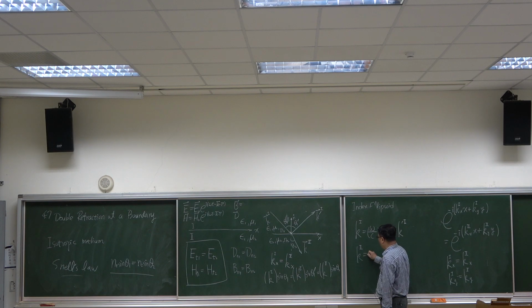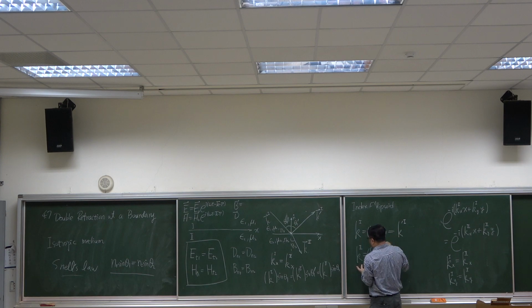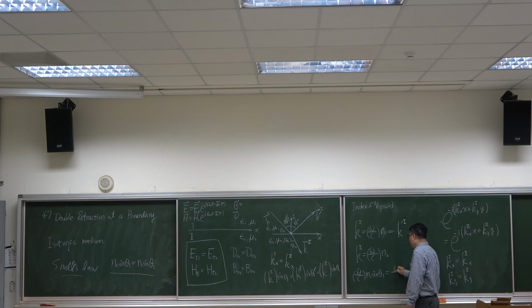The magnitude of K2 is omega over c times n2. So if we substitute these quantities into this equation, we get omega over c n1 sine theta 1 is equal to omega over c n1 sine theta 1 prime is equal to omega over c times n2 sine theta 2.